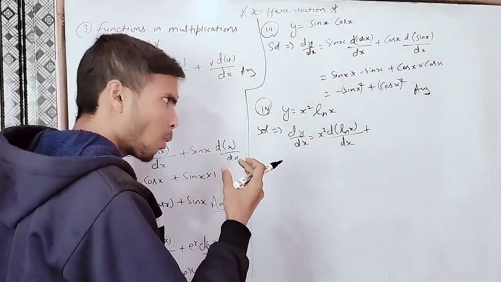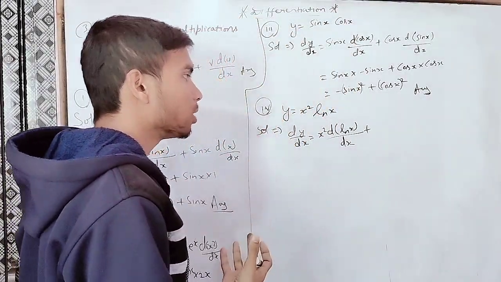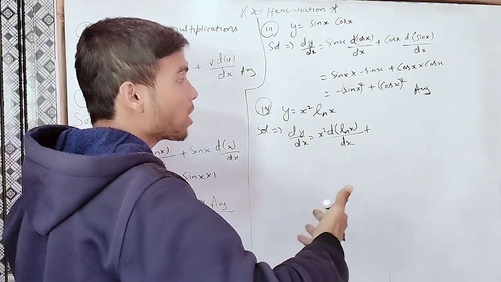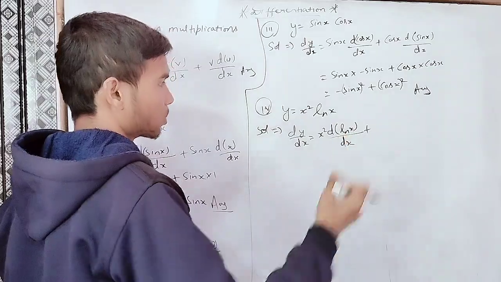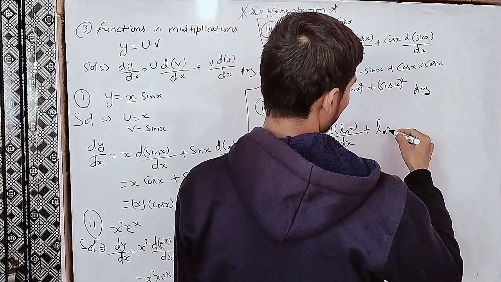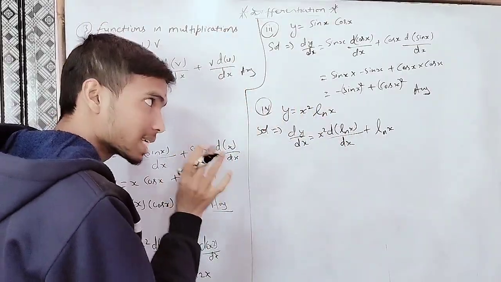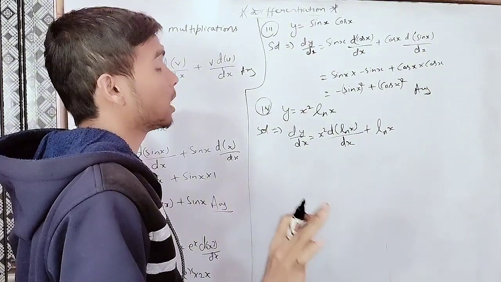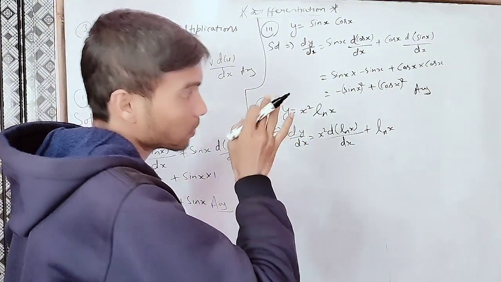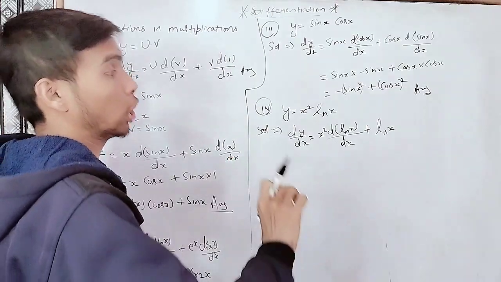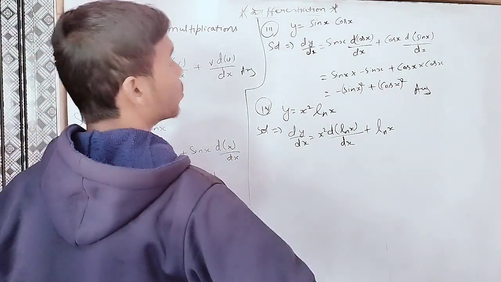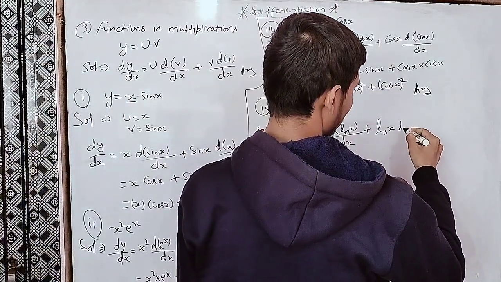Now we have taken x square. Now we would take the second function as it is, and the first function would be taken to do differentiation. Got it?